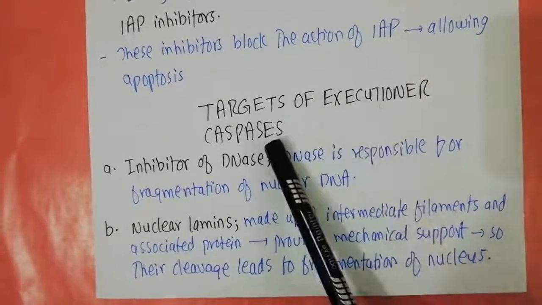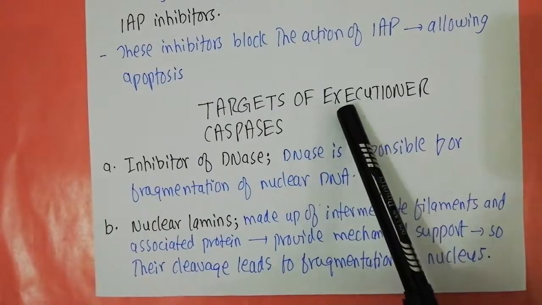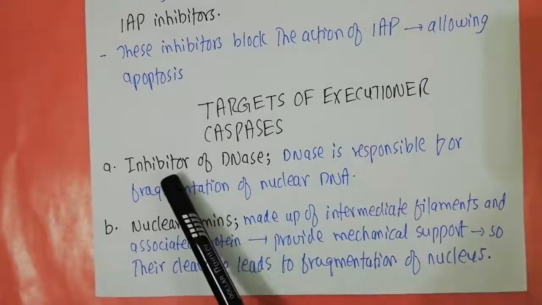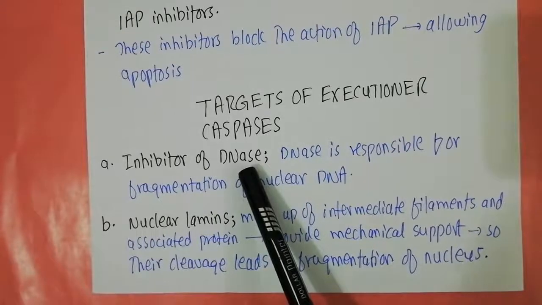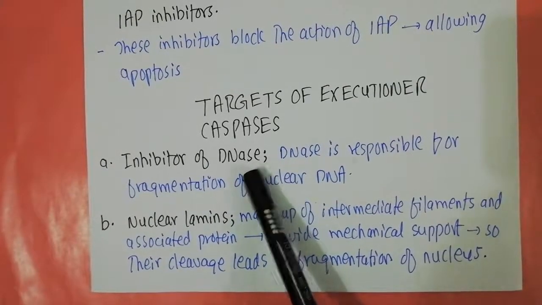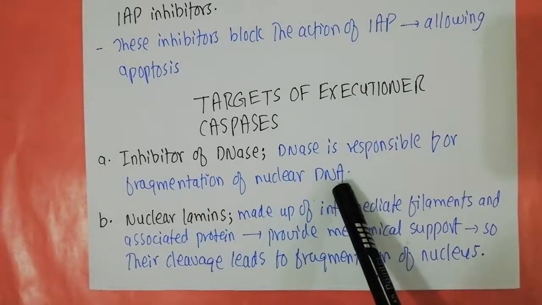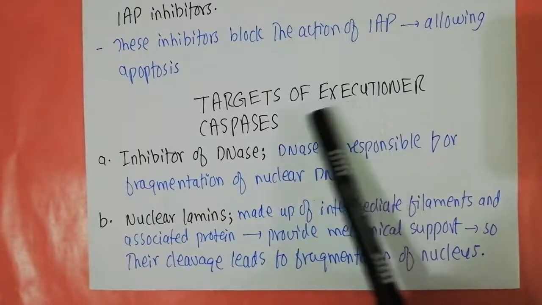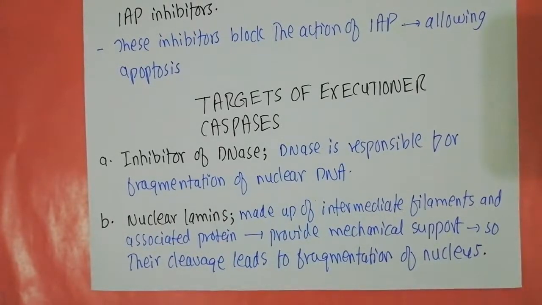So when the executional caspases are activated, they degrade the inhibitor of the DNase. And when the inhibitor of the DNase has been degraded, that means the DNase is now free to act, and this DNase will be responsible for the fragmentation of the nuclear DNA. So one of the important targets of the executional caspases is to degrade an inhibitor of this DNase, allowing the DNase to fragment the nuclear DNA.